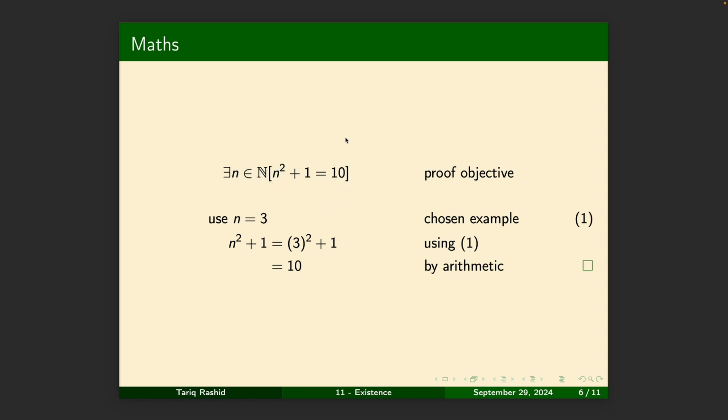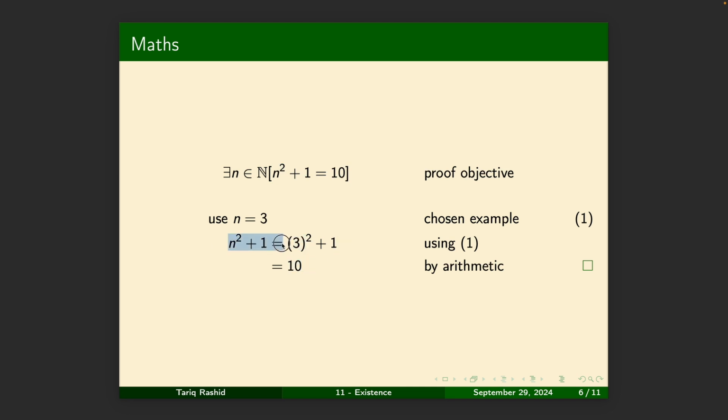Now remember, we don't have to justify how we found our example. We just have to have one that we think works. We propose one. So we are going to propose n is 3. So we say use n is 3, and that's our chosen example. Now if n is 3, then this condition becomes 3 squared plus 1 is 10.